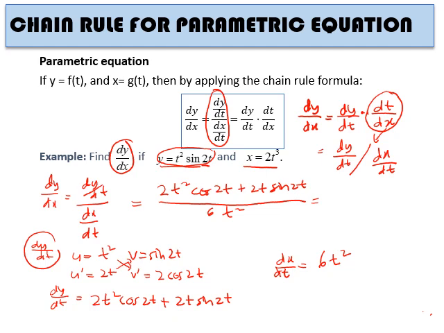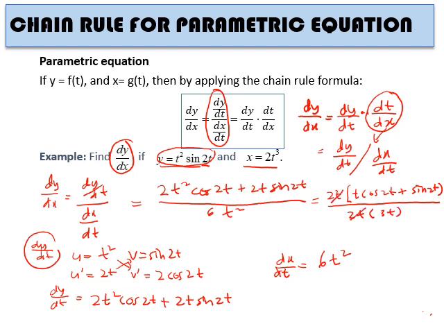Here you can simplify 2t, so 2t will remain outside, and you have t cos 2t plus sine 2t divided by 2t times 3t.